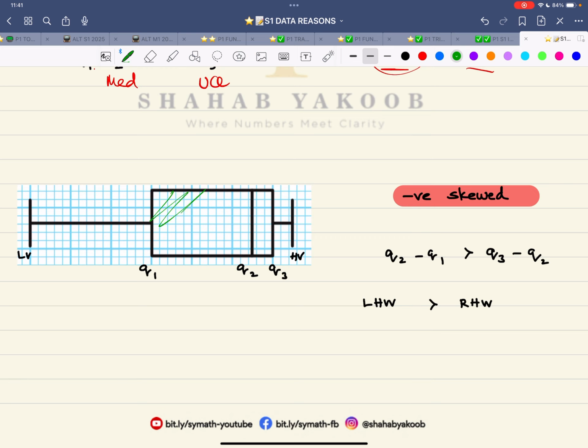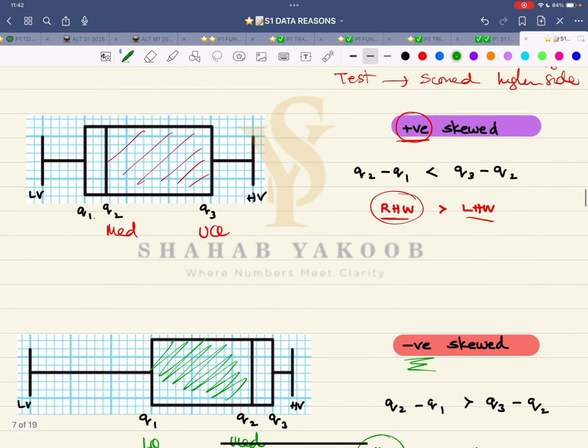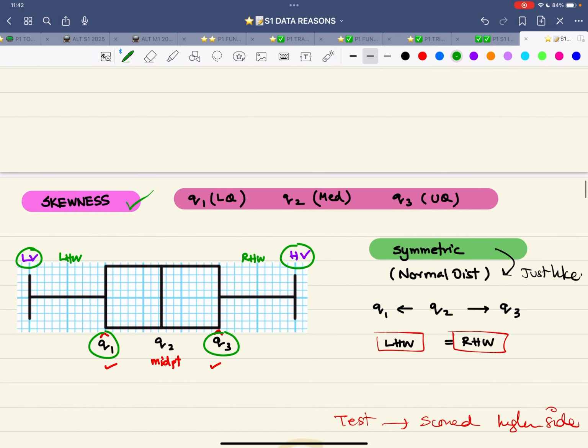On the other side, if we talk about this region, between lower quartile and median, that is the majority of the area, and the left hand whisker is greater, so this is negatively skewed. So for 1 mark, they can ask this question whether it is symmetric, is it positively skewed, is it negatively skewed. That is the depth to which the examiner can ask this question related to skewness.